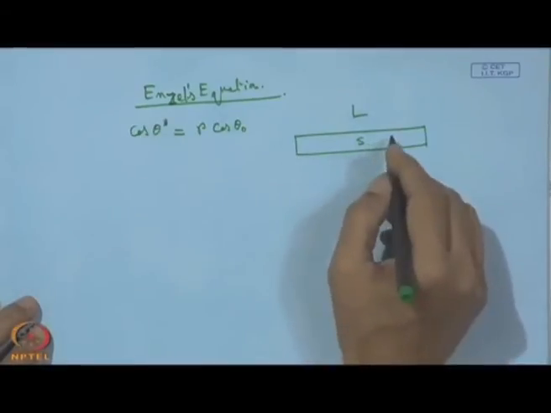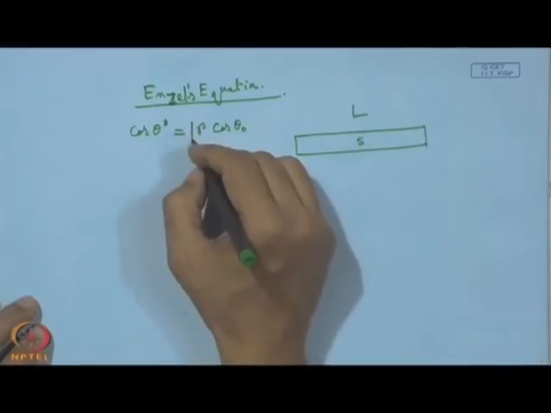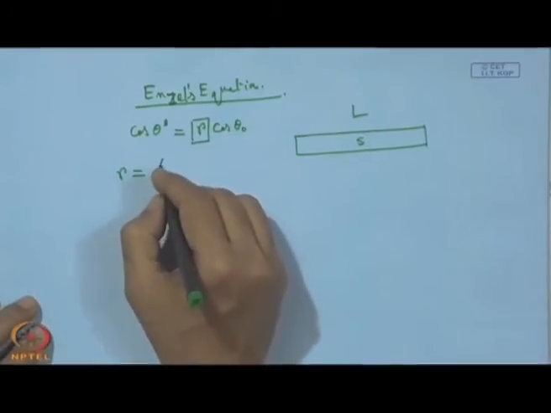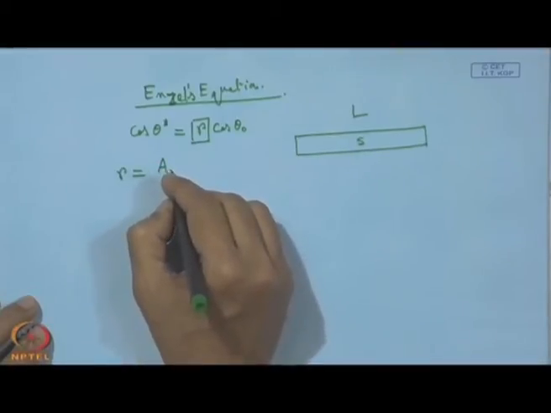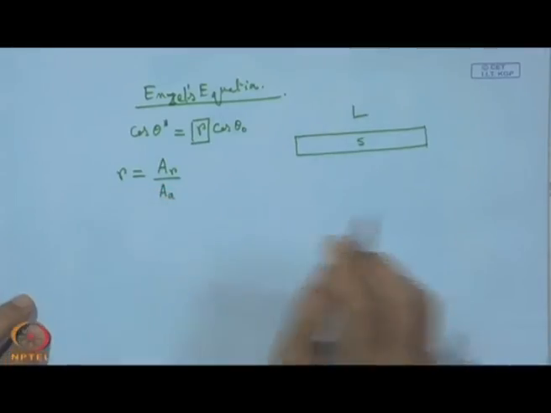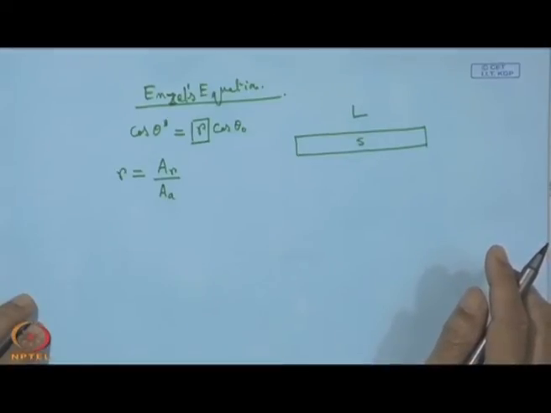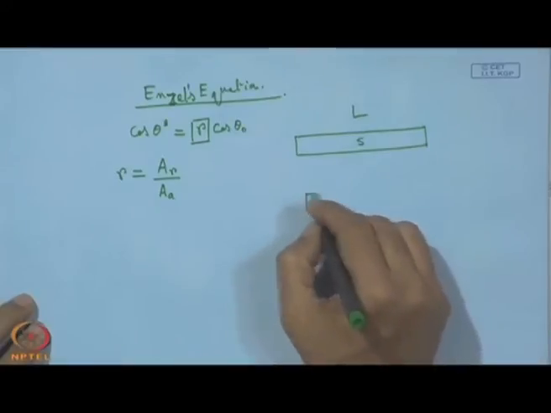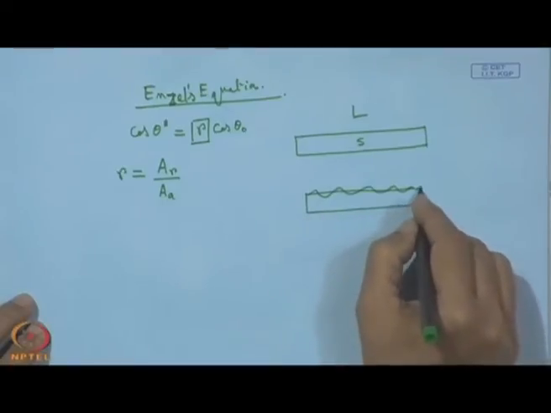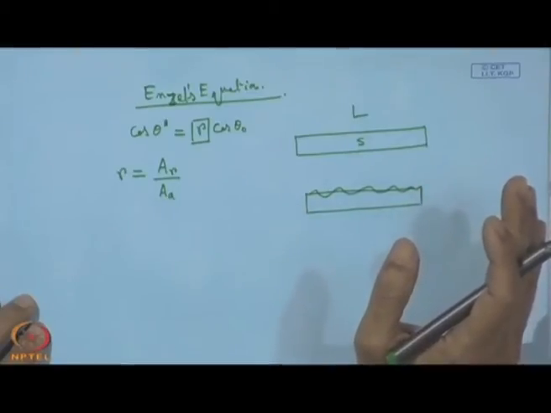What happens now? This surface is no more smooth, but slightly rough, and this roughness is given by this factor r, which is given by A r by A, where A r means the real area of contact. So, if the surface is rough, it can be machining marks or grinding marks or scratches over this surface.